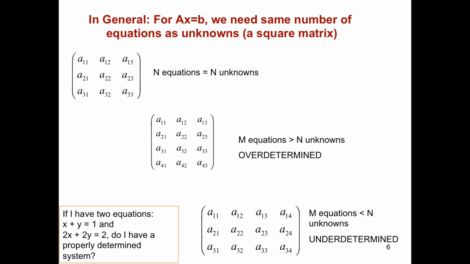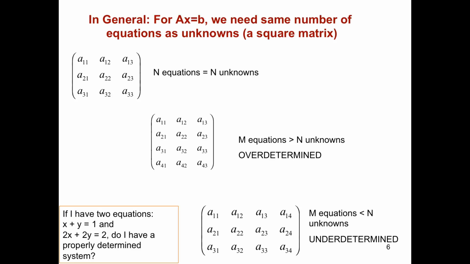So one simple example is if my equation is x plus y equal to 1, and then I just multiply it by 2: 2x plus 2y is equal to 2. I didn't bring anything to the table. It's not going to help me to uniquely solve the problem for x and y. Okay? So I still have really one equation. So those equations should be independent.